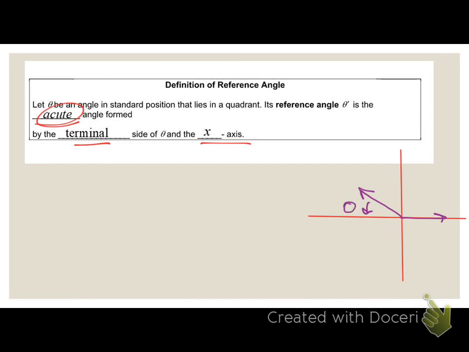That would be your theta prime, and that's our annotation for a reference angle. Okay? If you're in quadrant 3, then we're still looking for this angle to the x-axis. So that would be your reference angle. And in quadrant 4, we're looking for this angle. That would be your reference angle. So that would be your theta prime.